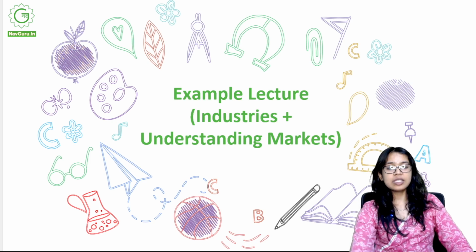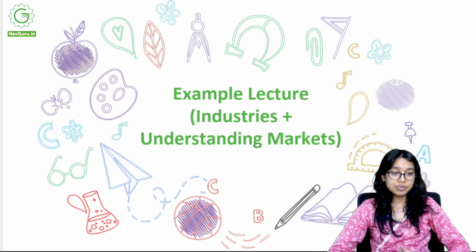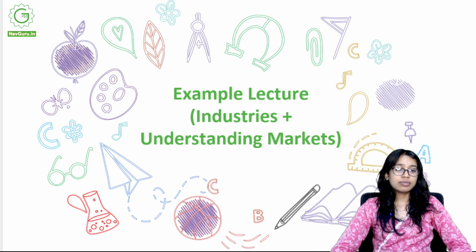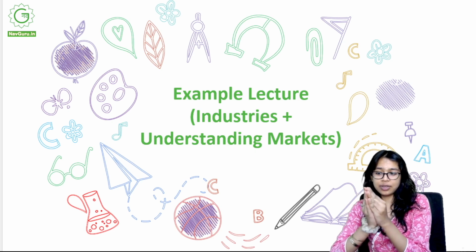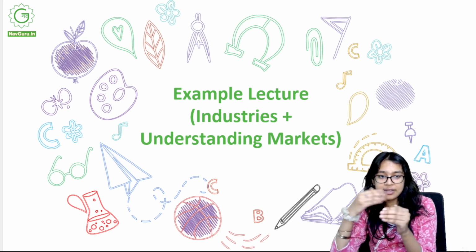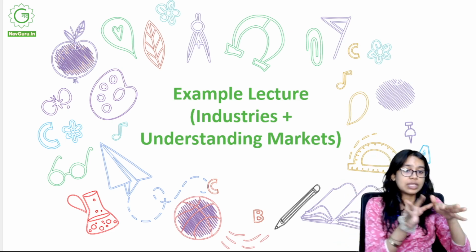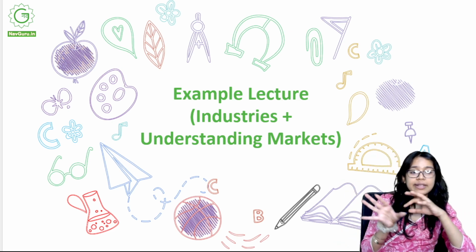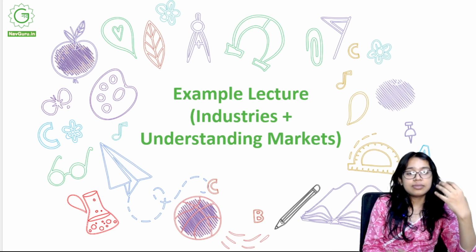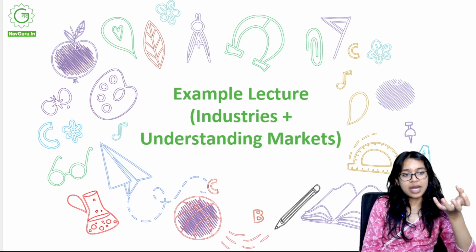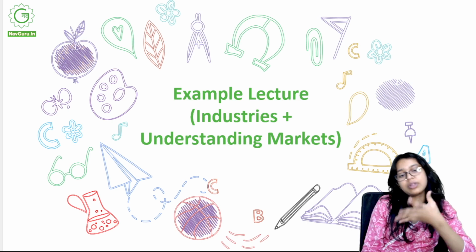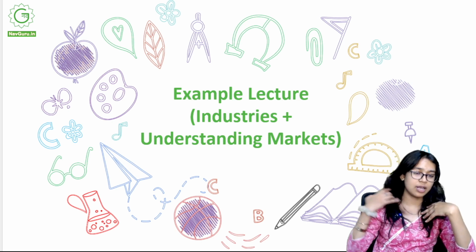So in understanding markets, we basically understood how raw materials go to the industries where they get processed, where a new product is manufactured, and later when this product is sold in the market. There are various kinds of markets as well.